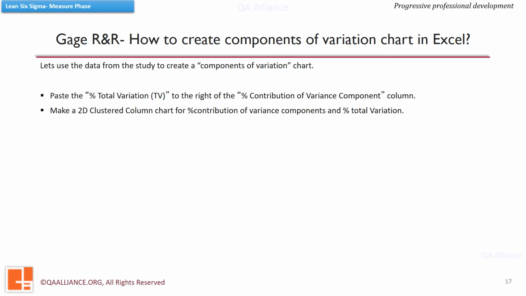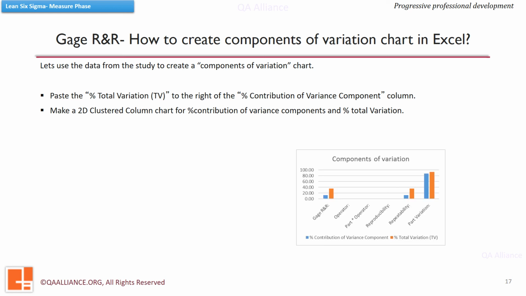In a good measurement system, the largest component of variation is part-to-part variation, while if a large amount is due to gauge R&R, corrective actions are needed. The components of variation can be visualized with the help of this chart. In Sigma Excel, the variation is broken down into specific sources.